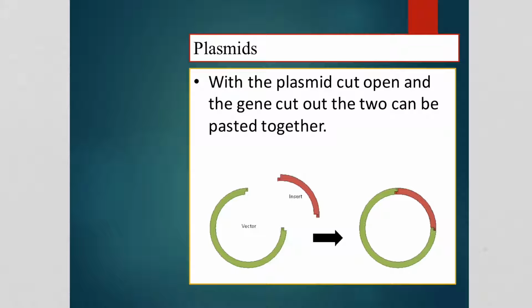With the plasmid cut open, we have 1 cut on the plasmid that opens it up. We can insert the cutout gene we want right into that plasmid. As long as they're cut using the same sticky ends, those genes will stick together, and that DNA will fit right in and become part of the plasmid.